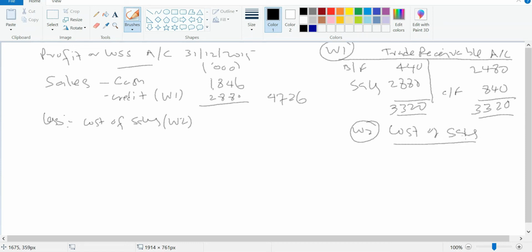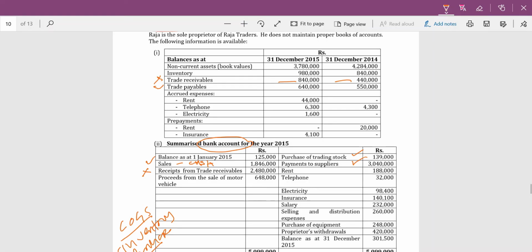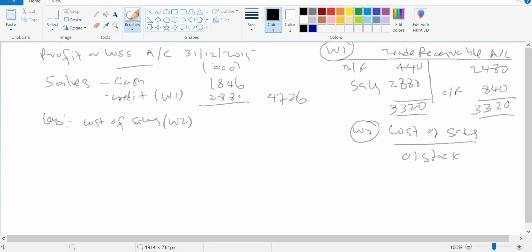You understand? So what is the opening stock? Take the opening stock, which is 840. Opening stock 840, then add purchases.